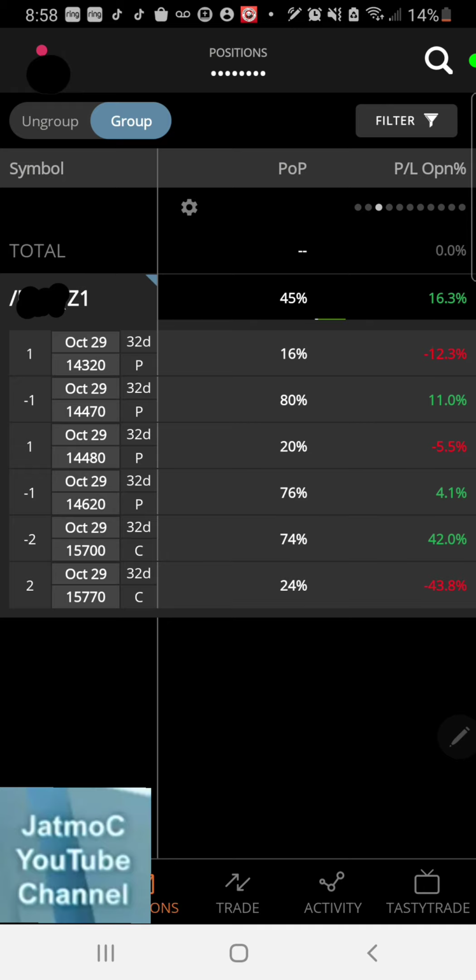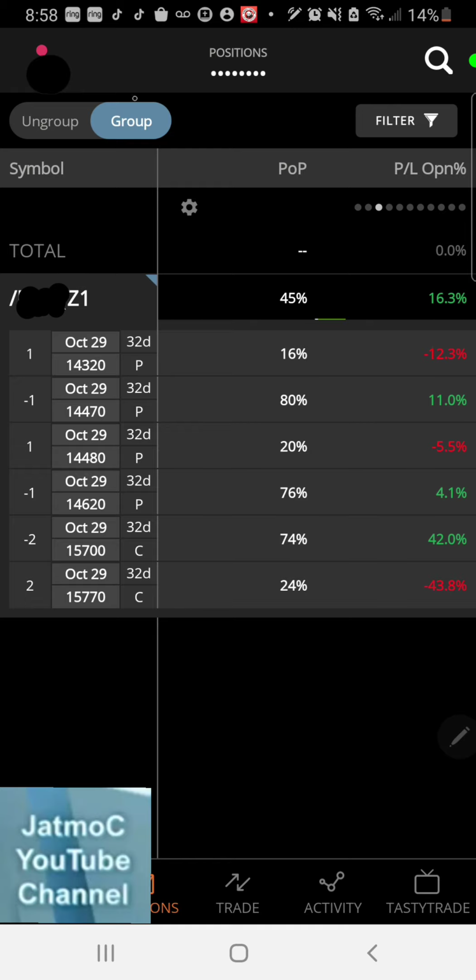And the reason I like futures more than anything is just because of the buying power reductions. It doesn't cost a whole lot of money to put some of these trades on. Granted, this is the micro NASDAQ, but it doesn't change the fact that these don't have high capital requirements.